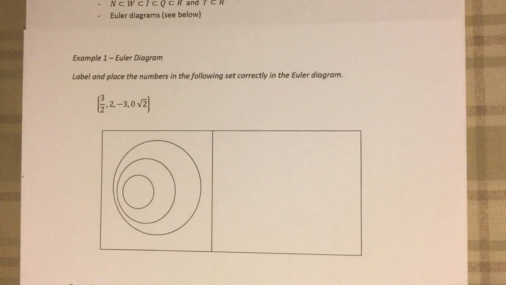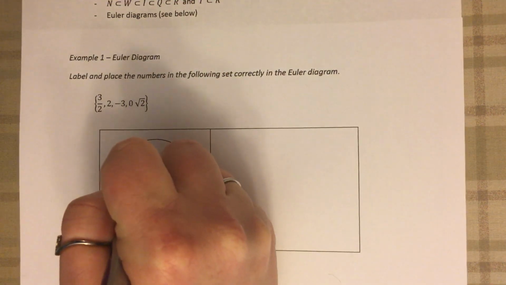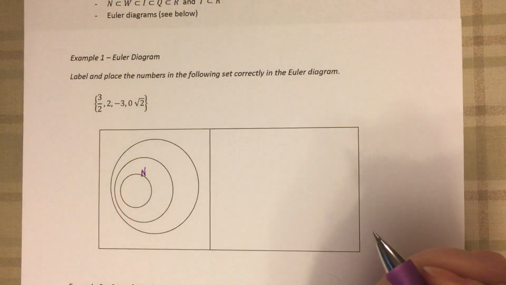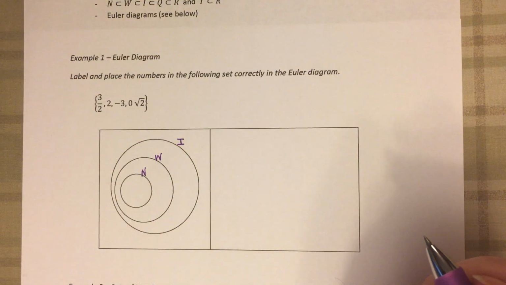So our first example is going to look similar to problems that we saw in previous chapters. We're going to label and place the numbers in the following set correctly in the Euler diagram. All right, so our smallest set is our natural numbers, which is N. Then we add 0, we get our whole numbers, which is W. Then we add our negatives, we get our integers.